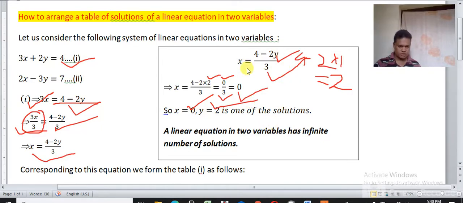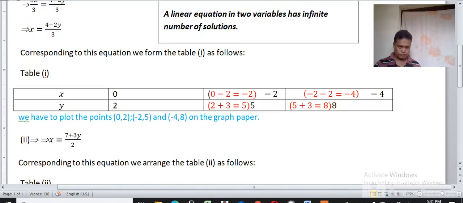Let us see what the shortcut is. Our first point is x is 0, y is 2. To get the numbers in the row of y, you just take this number 3 and add it: 2 plus 3 is 5. Again add 3: 5 plus 3 equal to 8.